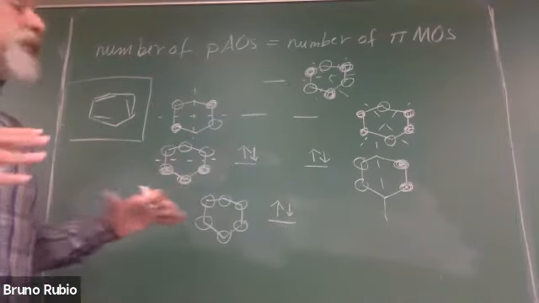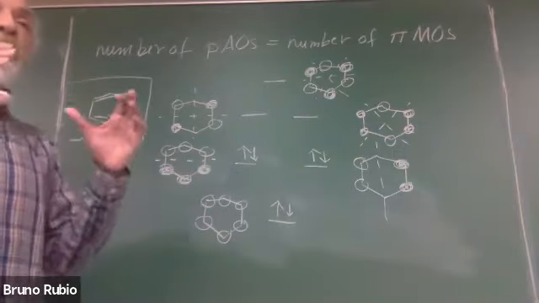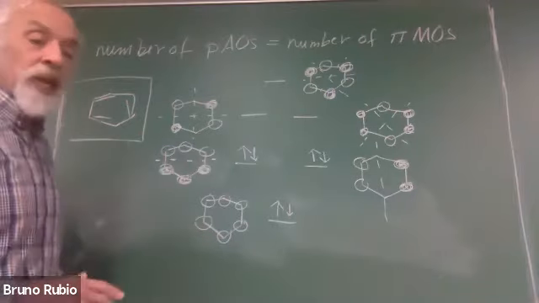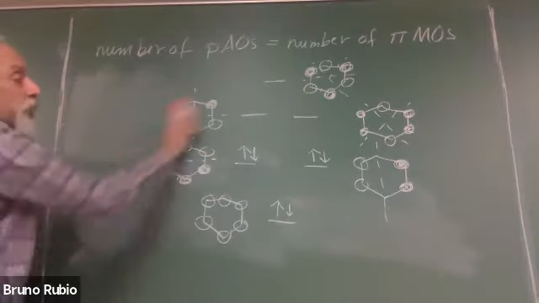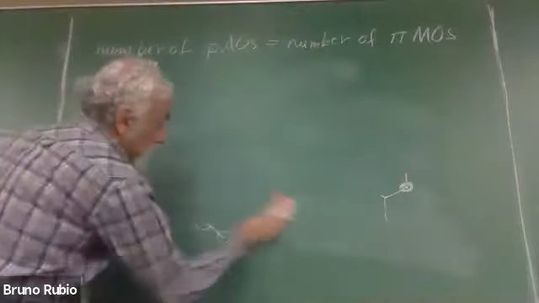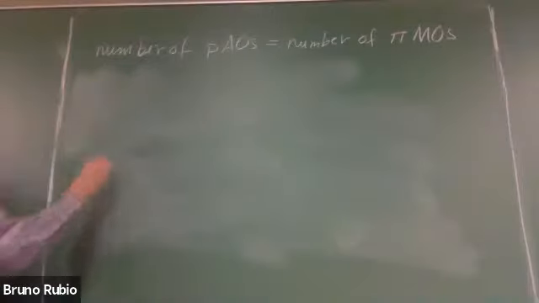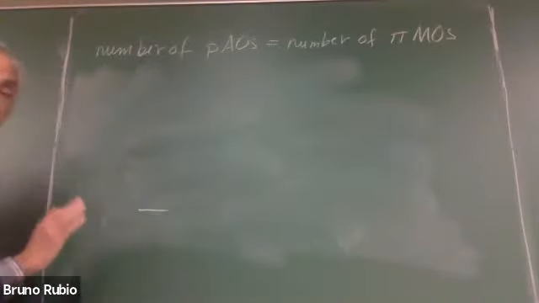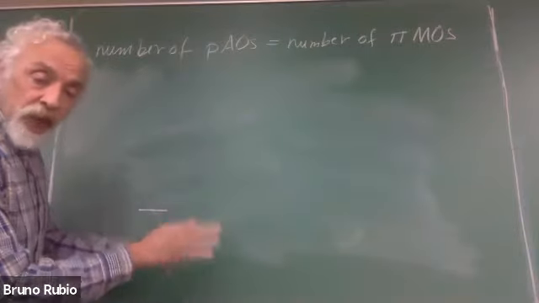Now, if we do this for the 3-membered ring, the 4-membered ring, the 5-membered ring, the 6-membered ring, 7-membered ring, so on and so forth, if we do this for a lot of different systems, a pattern emerges. Okay, and that pattern is you have a unique lower energy orbital, just like the benzene diagram.